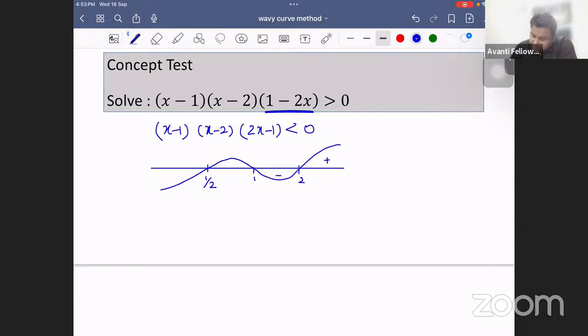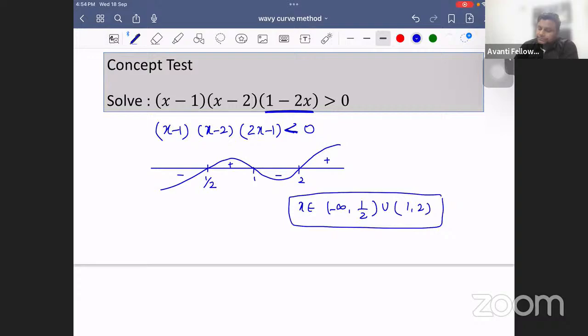So it is plus, minus, plus, minus. What are you looking for? Less than 0. So your x belongs to minus infinity to 1 by 2, union 1 to 2. This is your answer. Not including any root because there is no equality in the problem. Got it?